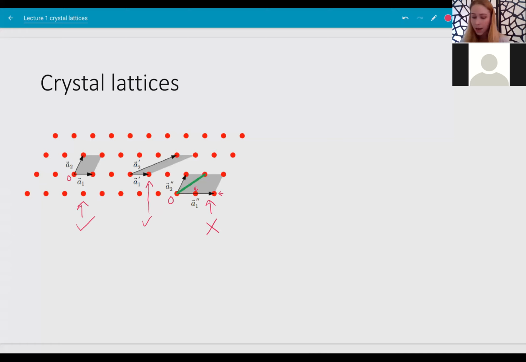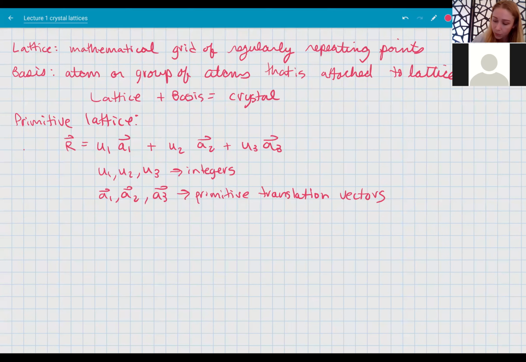the next, and I think this is the last definition I'm going to write down for now. The primitive cell or the primitive unit cell is the parallelepiped, which is just a three-dimensional generalization of a parallelogram. So let me just write down that word so I can take my time with it.